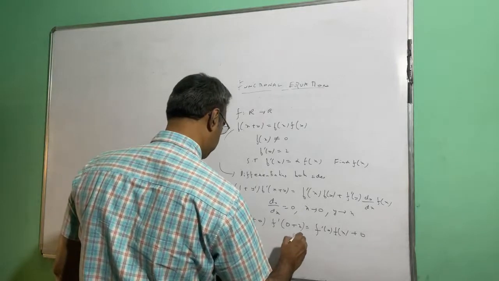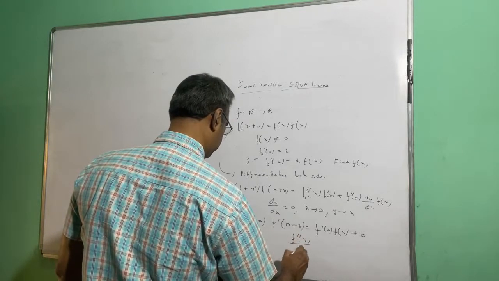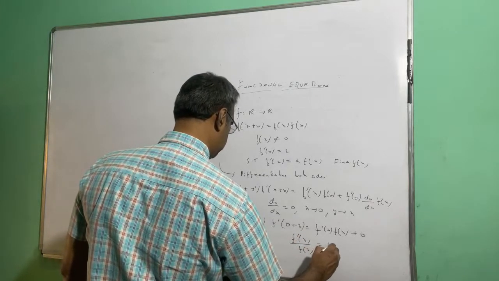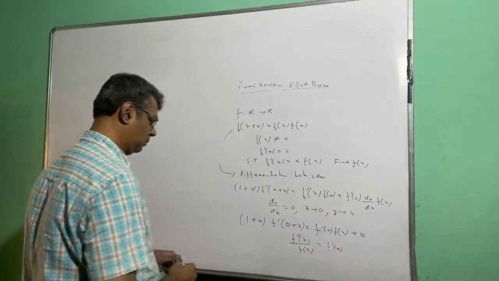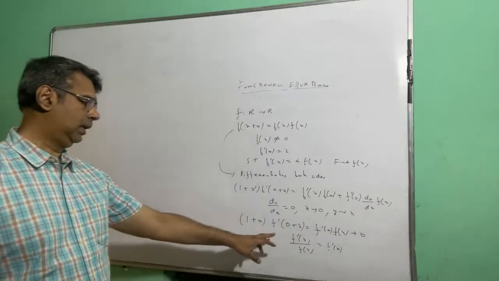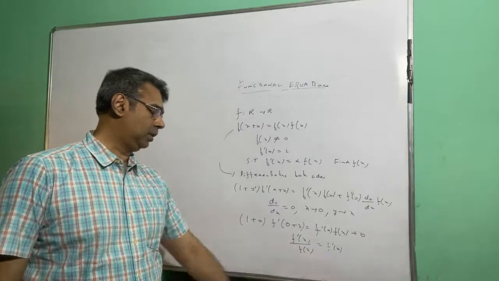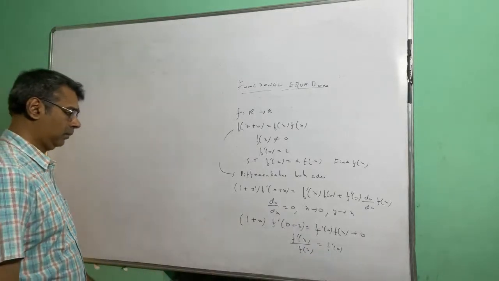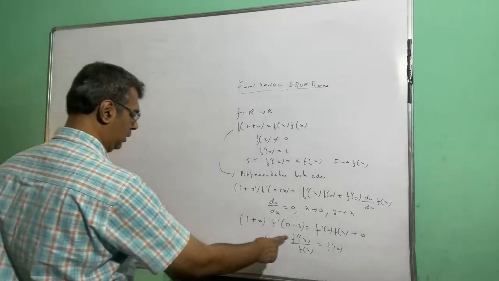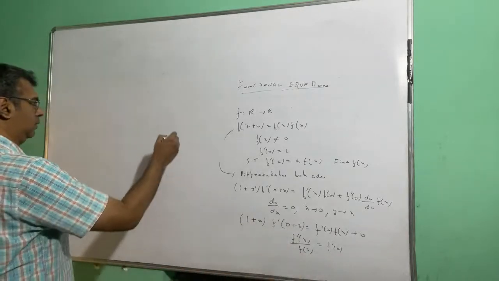So ultimately f dash x divided by fx equals f dash 0. So f dash x by fx is f dash 0.